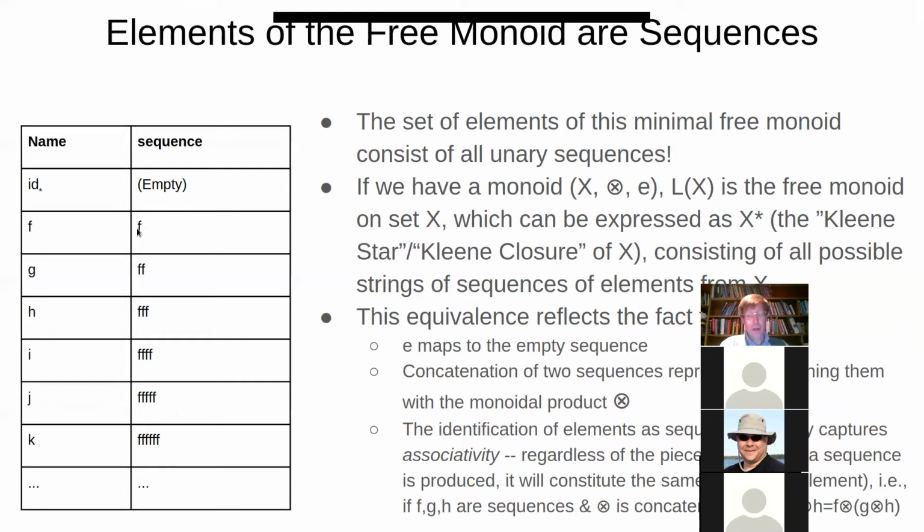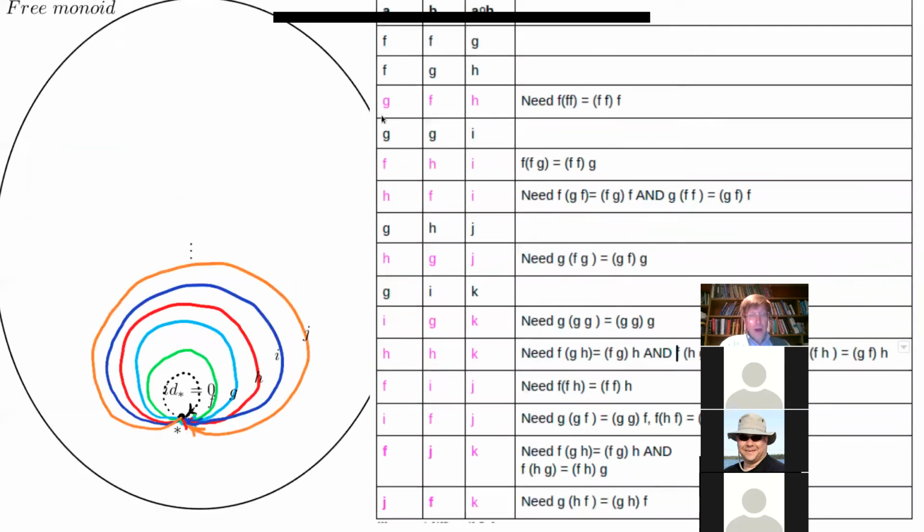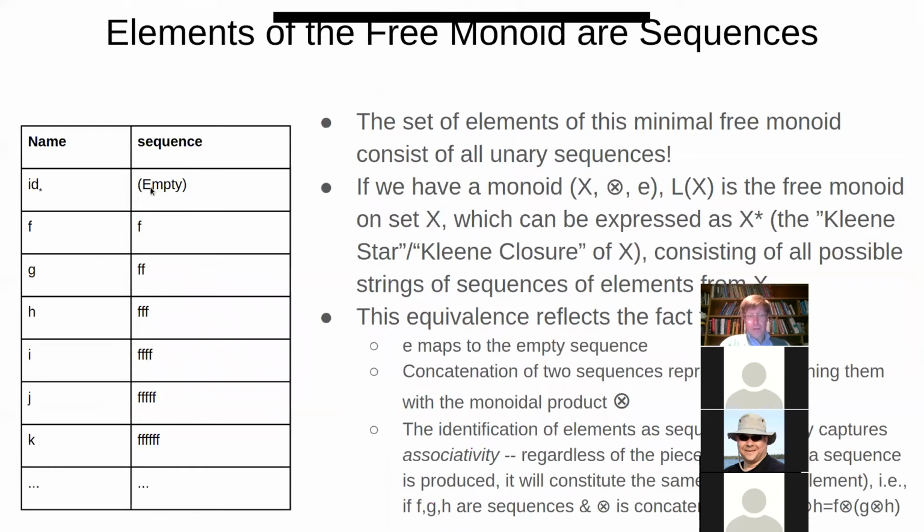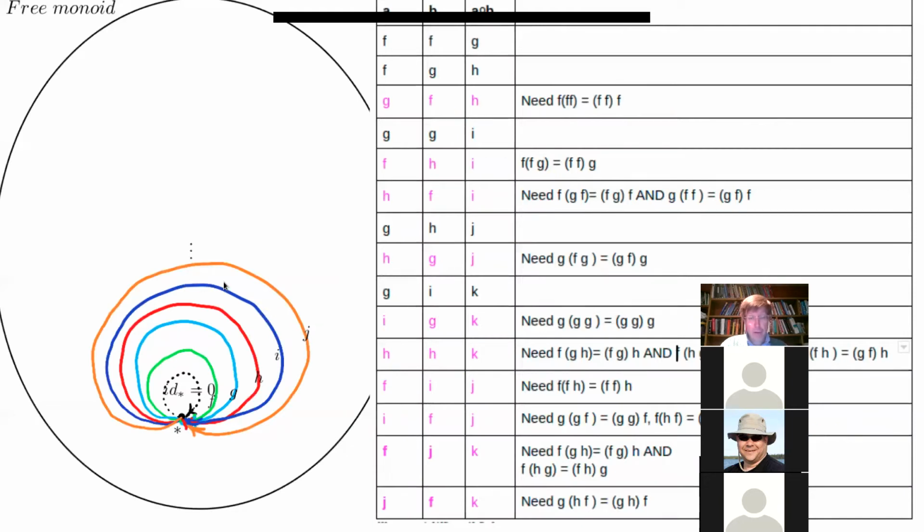And I'd include in here F itself, and I'd include in here the identity as the empty element. After all, the identity combined with anything else gives itself, which is the same as concatenating sequences.